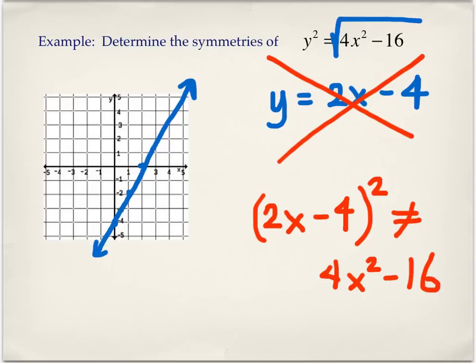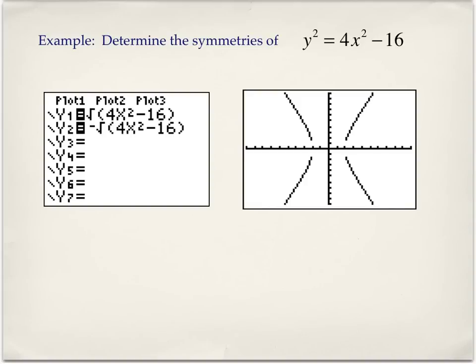So we have to have another way. A visual approach is going to be best. Notice on your calculator here, you can actually enter that. I can take the square root of these, but then don't try to do anything more with it. Just write it as the square root of 4x squared minus 16. Notice you do have to have parentheses around that on your calculator. But here's the other key thing that you may not have realized.